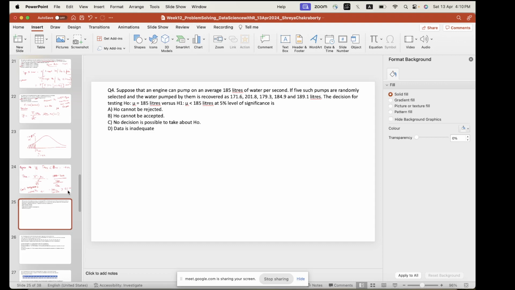So here also it's the same thing, we just have to calculate. So Xi is the water pumped by ith pump. X bar is the average, mean water pumped.